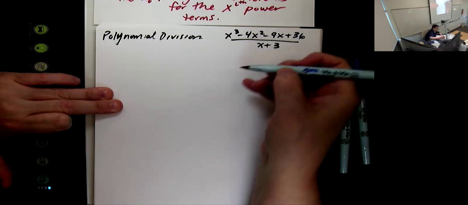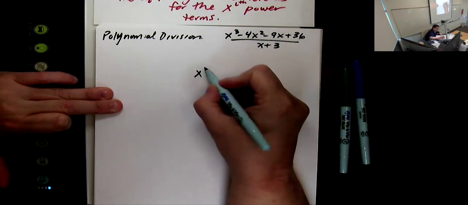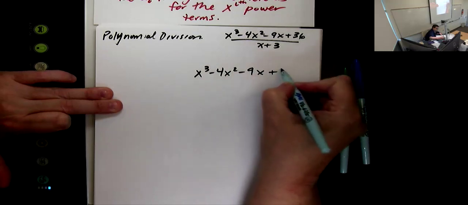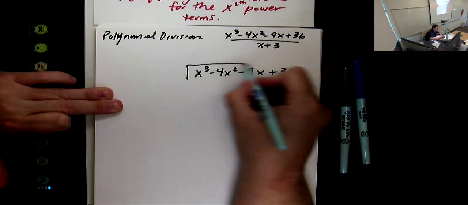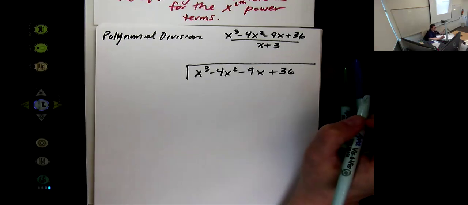So, to do division, we are going to write our function that we're dividing. This works identical, it is identical in process to doing regular long division with numbers.